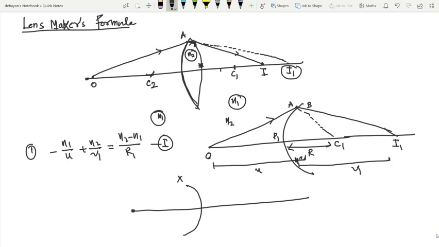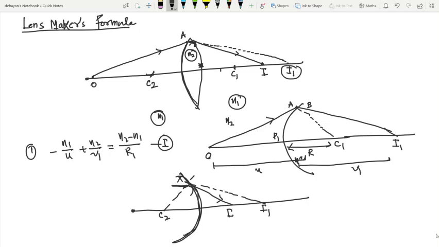This is the corresponding center of curvature, and the light will be coming from that, refracted, and the final image will be at I, while the image in the previous case was I1. Say this is x and this pole is p2 and this is y.